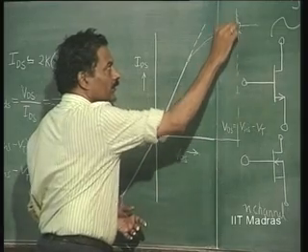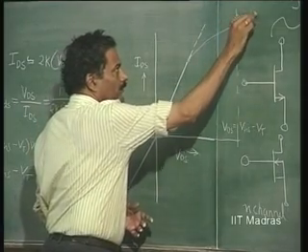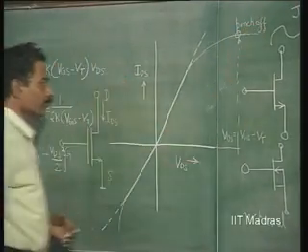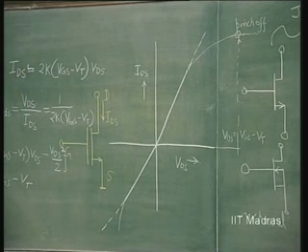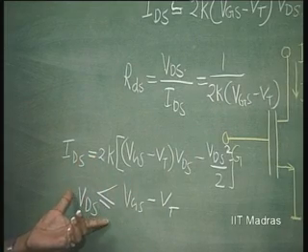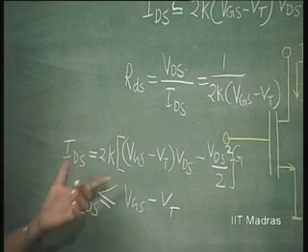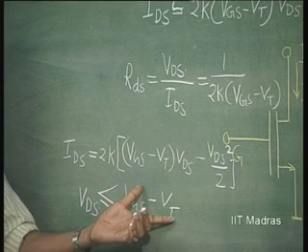So, this equation is valid up to that. After this point, that is for VDS greater than VGS minus VT, what is valid?